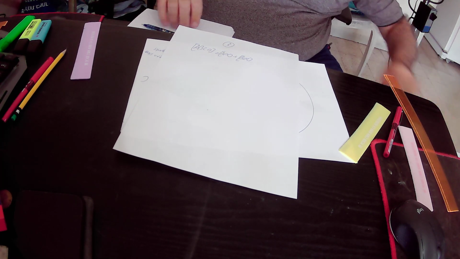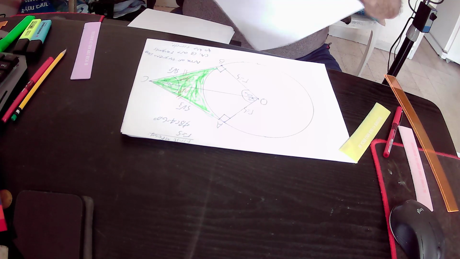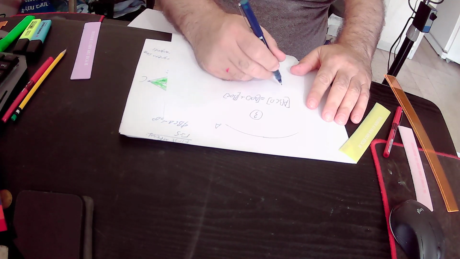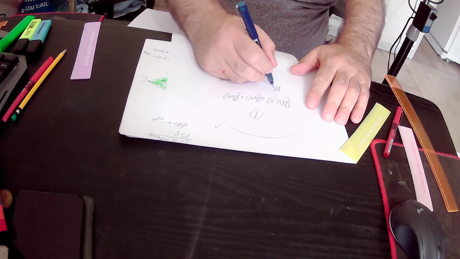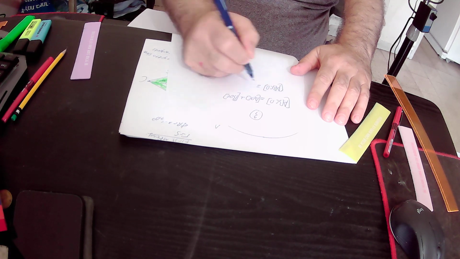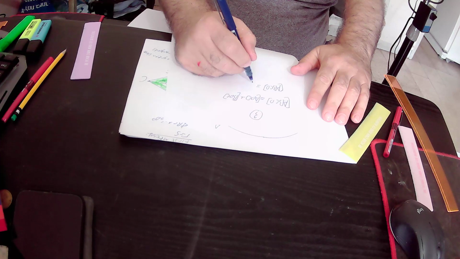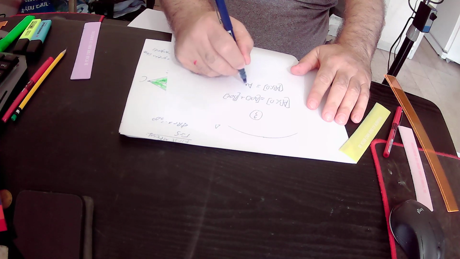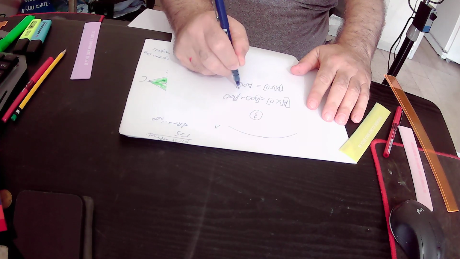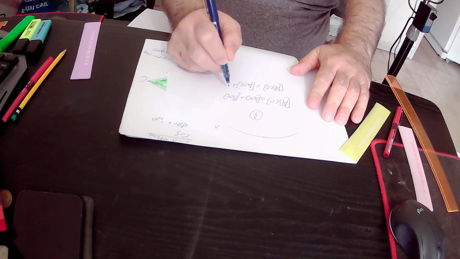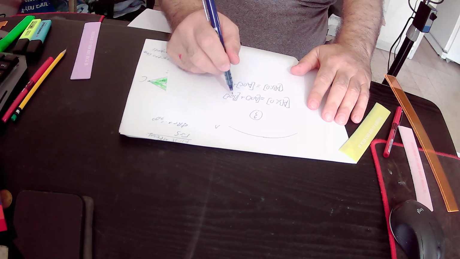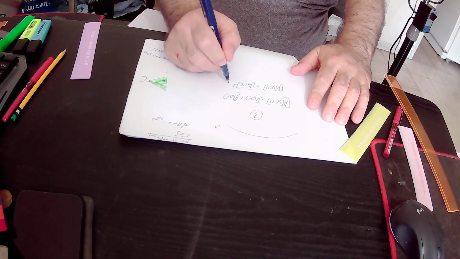So when we substitute it, we get that the area of quadrilateral ABCO is equal to the area of triangle AOC plus the area of triangle AOC. We substituted the area of triangle BOC by the area of triangle AOC because they are equal to each other.